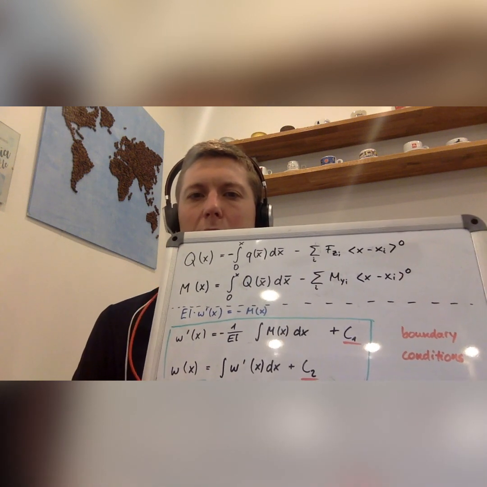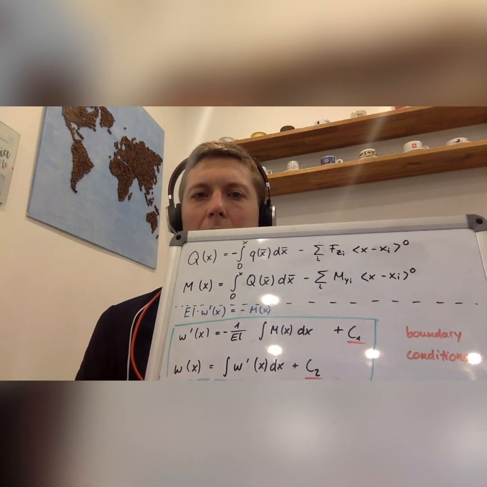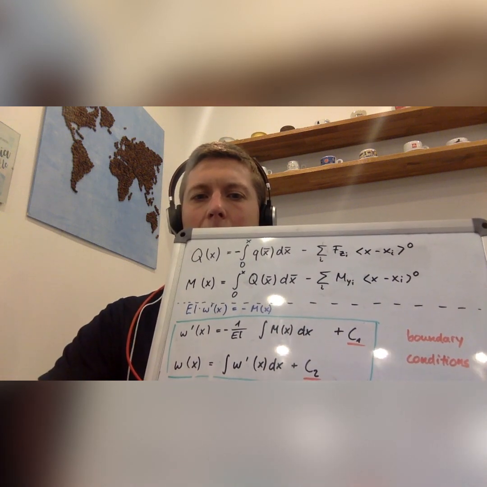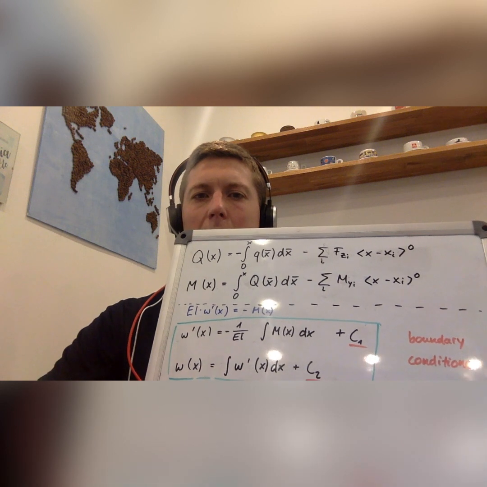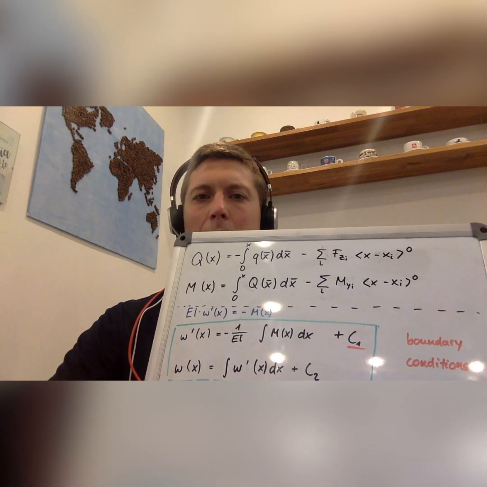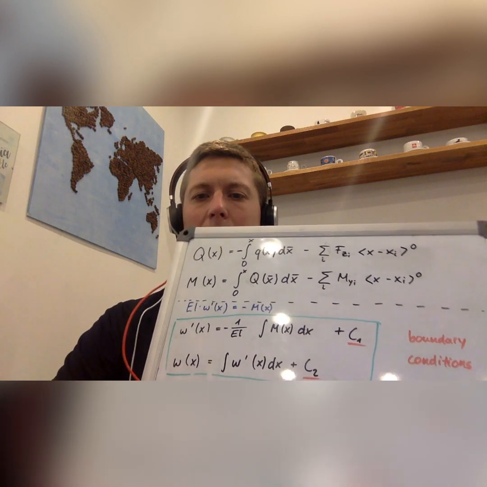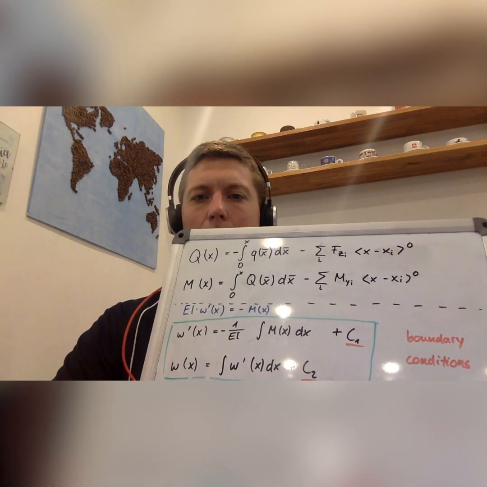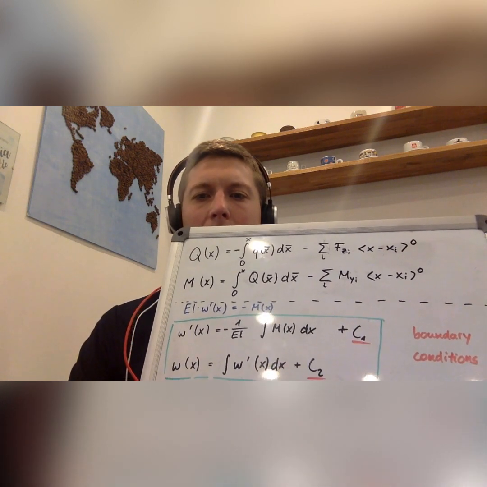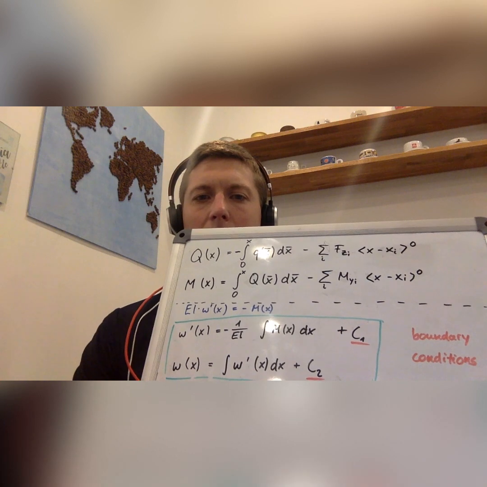So w at the position x equals 0 means, at the beginning of our beam, what is the change of the position in z direction of the beam. If you have, for example, a fixed bearing, pinned bearing or loose bearing at the beginning, then this c2 would simply be 0. As already mentioned, we can easily identify this c1 and c2, which are the deflection or the derivative of it at the beginning of our beam.